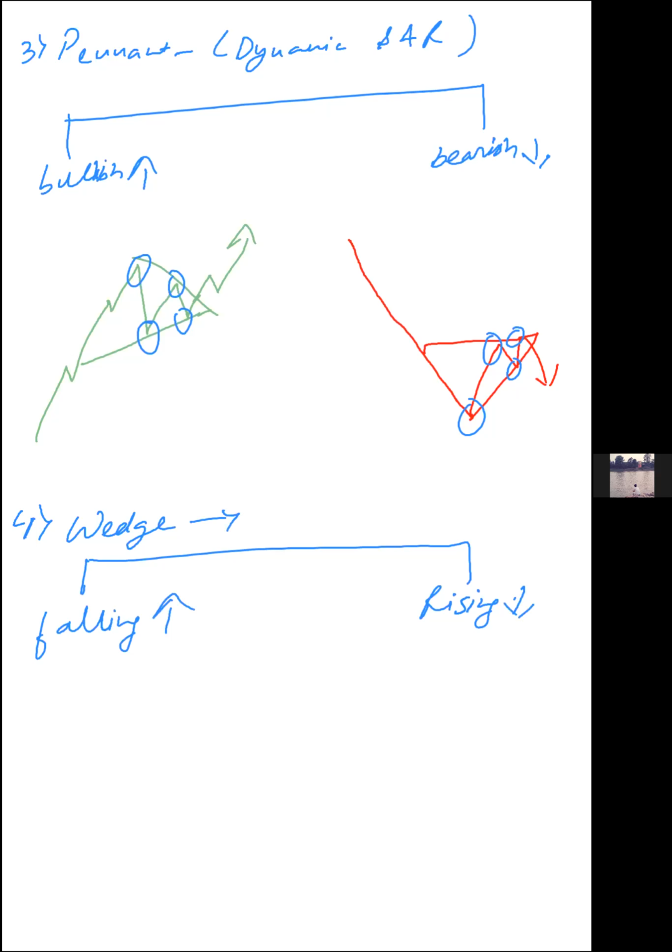In a wedge, S and R are dynamic. A wedge looks somewhat like this. This is a rising wedge. Sorry, for falling wedge, I drew rising wedge. This is a falling wedge. It gives an upside breakout.